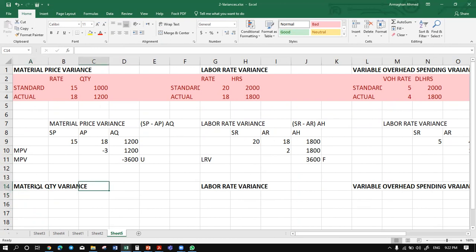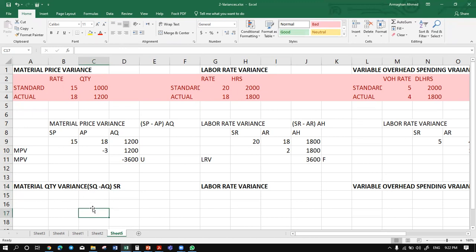Standard quantity minus actual quantity, multiplied by standard rate. If you are calculating quantity variance, you multiply by the rate. If you are calculating the price variance, you multiply by quantity.